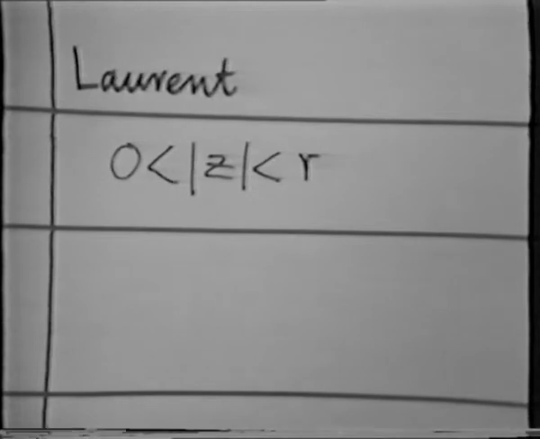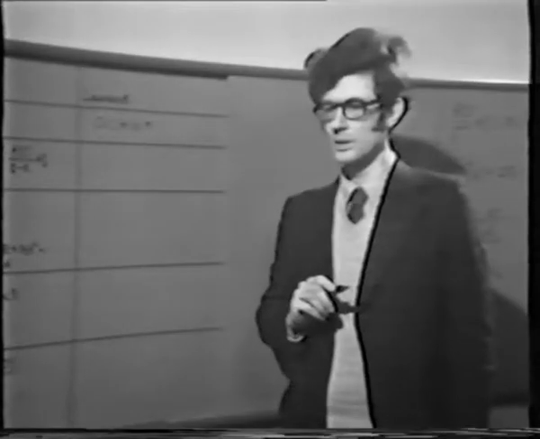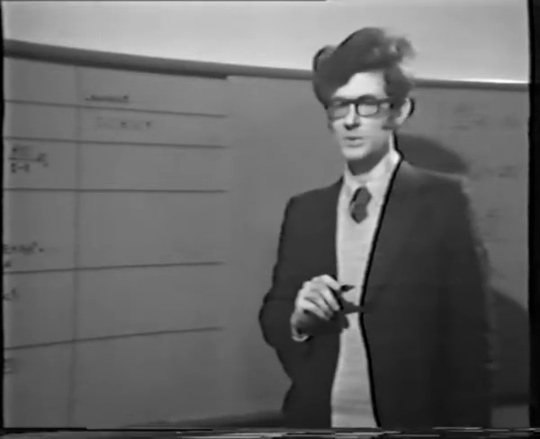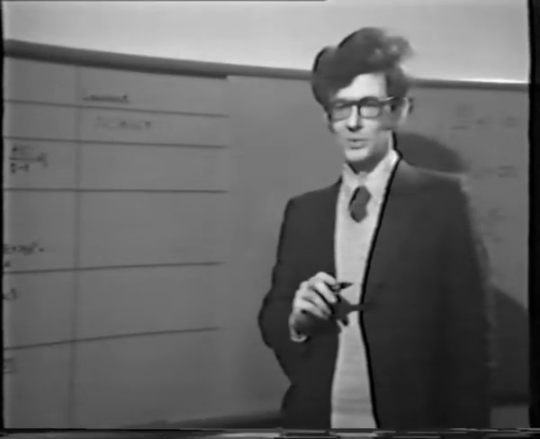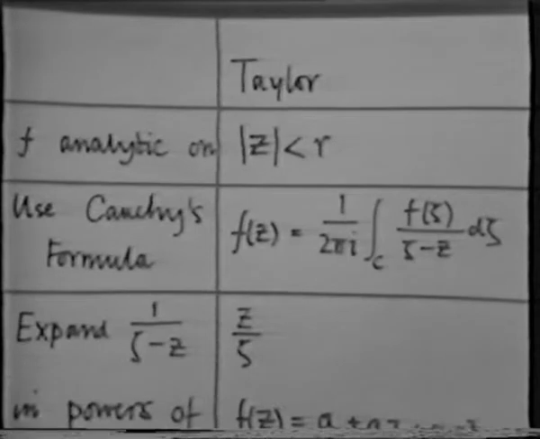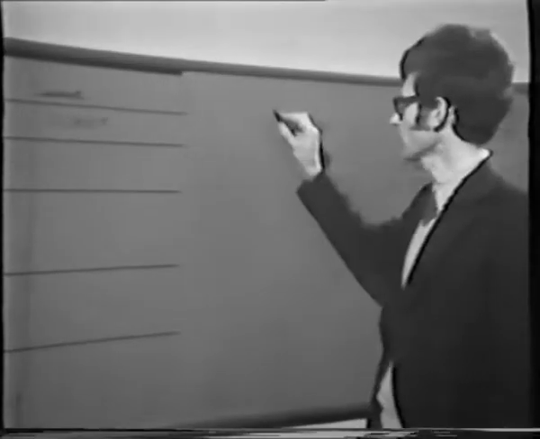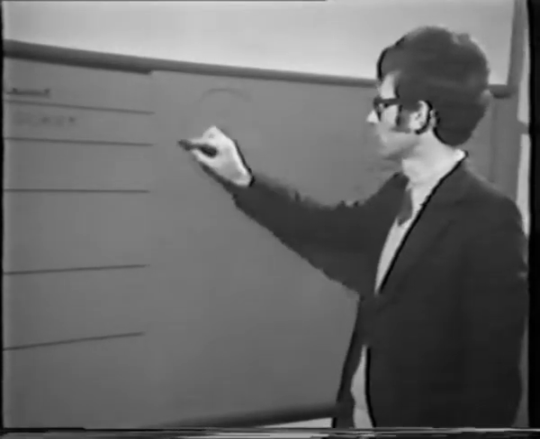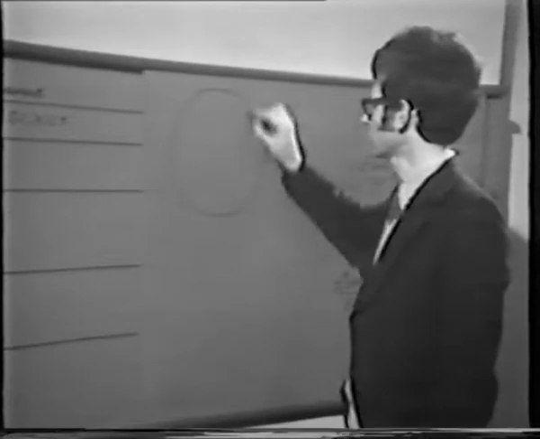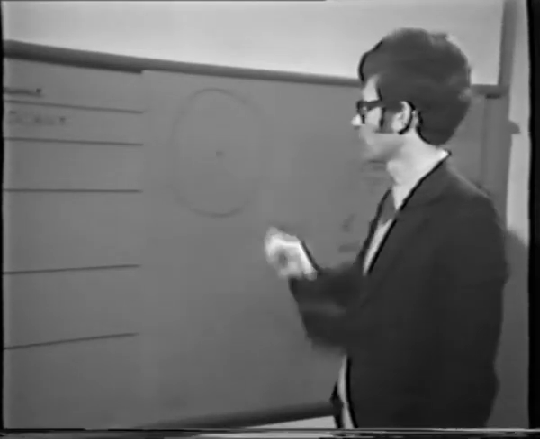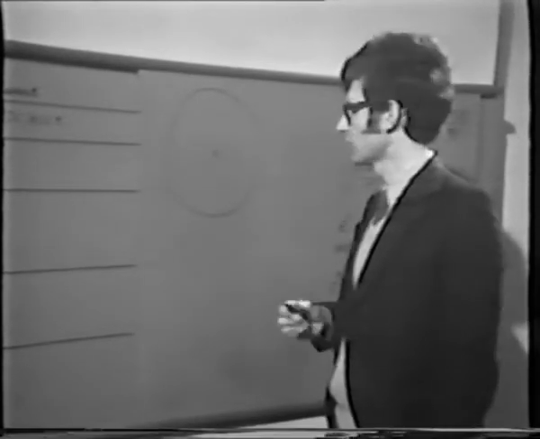The next step is to use Cauchy's formula, but of course that's going to be a bit difficult with f having a singularity at 0. And so we've got to think of a way of getting around that. Well, here's the punctured disk on which f is analytic.